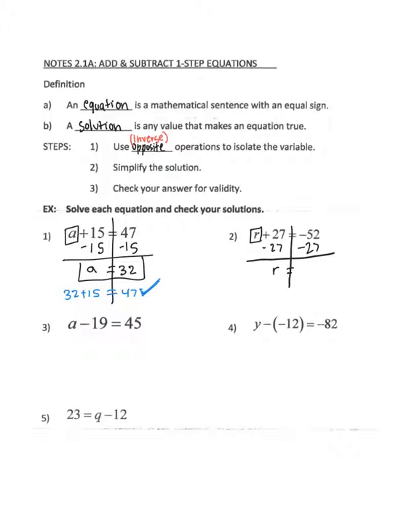Now negative 52 minus 27. Be careful with those negative signs. Negative 52 minus 27 would give me negative 79. Let's plug that in, check our answer. Negative 79 plus 27 gives me negative 52. And that's what I wanted.